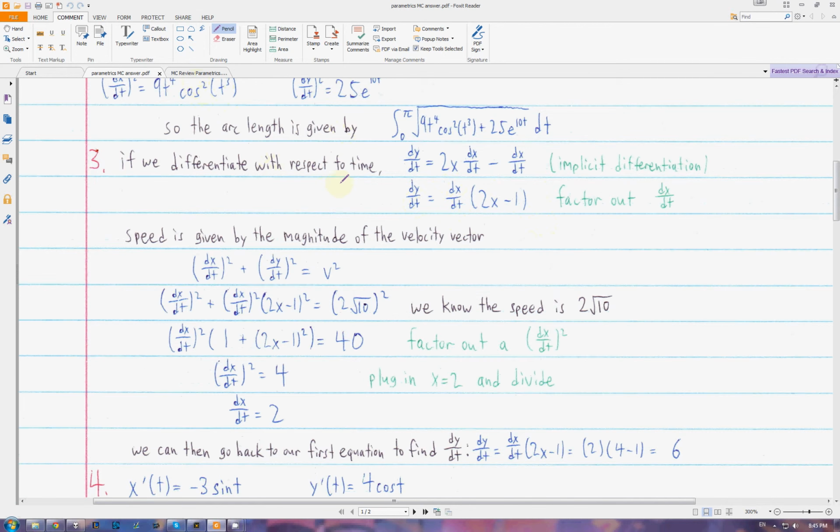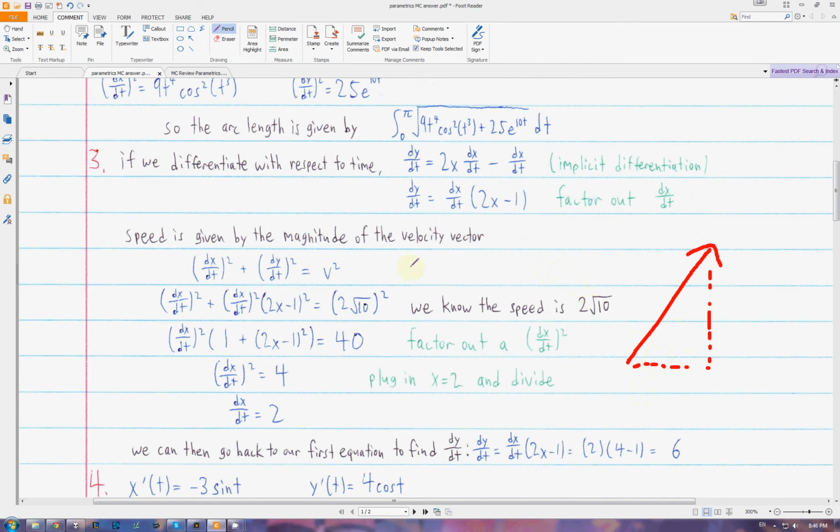Now, the problem also gives us the speed. Now, the speed is the magnitude of this velocity vector. And so, if we want to find the magnitude of the vector, we have to use the Pythagorean theorem.